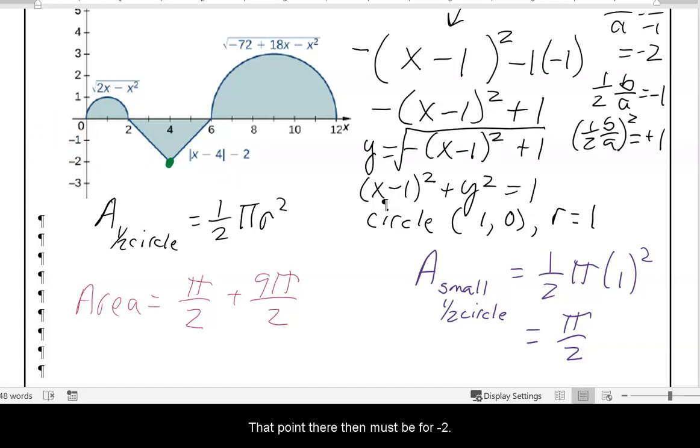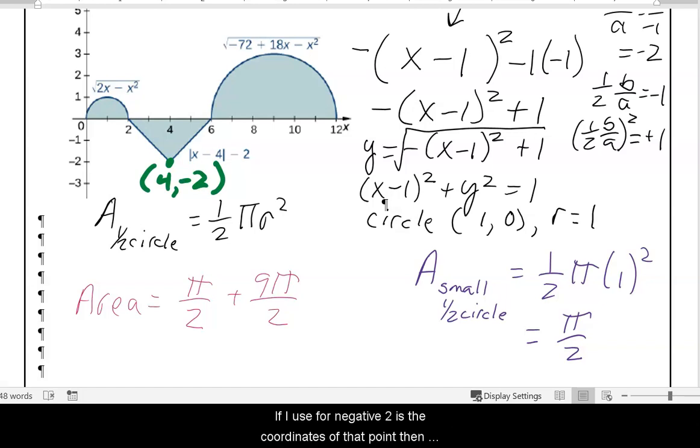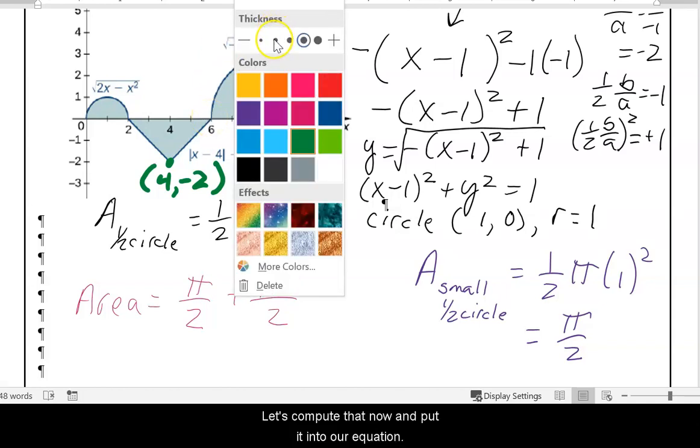That point there then must be (4, -2). If I use (4, -2) as the coordinates of that point, then the height of the triangle is negative 2. The width of the base from 2 to 6 is 4. Let's compute that now and put it into our equation.